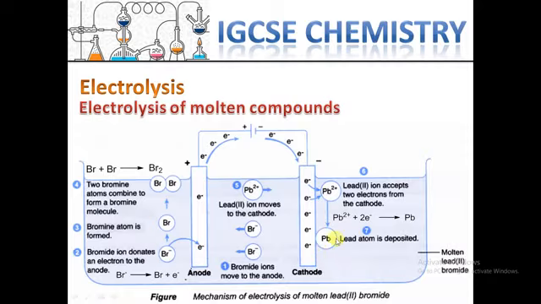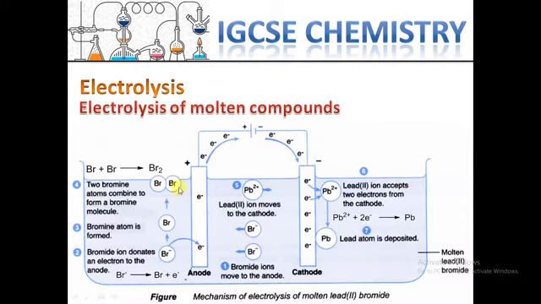When lead has converted to atomic form, this is a heavy metal. Okay, lead is a kind of metal. When it forms as an atom, it will be deposited here, either at the bottom of the container, or around the cathode. Okay, mostly it is deposited around the cathode because it is a metal, so it will not form a gas and leave the place.